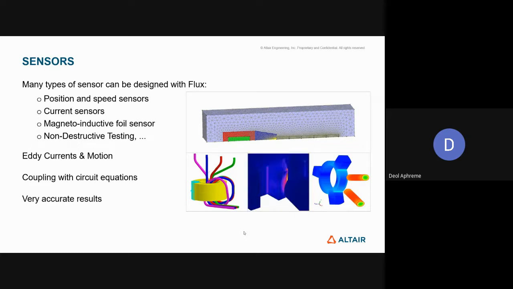They should not be affected by the movement of whatever is moving, but at the same time they should not be too far away as to not receive a response. Then current sensors, which I will get into in detail, magnetoinductive foil sensor, and even non-destructive testing. You can visualize the eddy currents, the motion, and you can even pump currents and see the reaction of these sensors, if they are within the permissible limits or not.